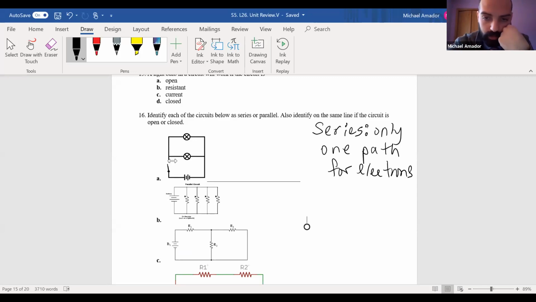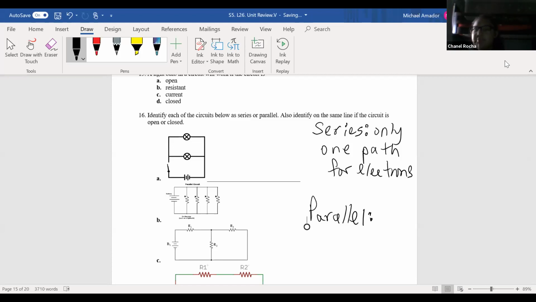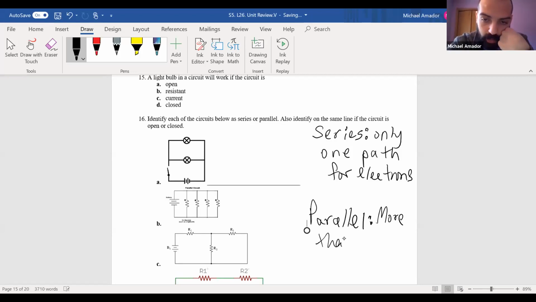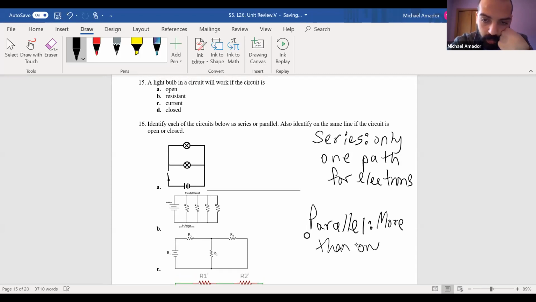What about a parallel circuit? Anyone remember what is different about a parallel circuit? Go to someone else. What is different, Chanel? Okay, I see you. Go ahead. A parallel circuit has more than one path. More than one pathway.